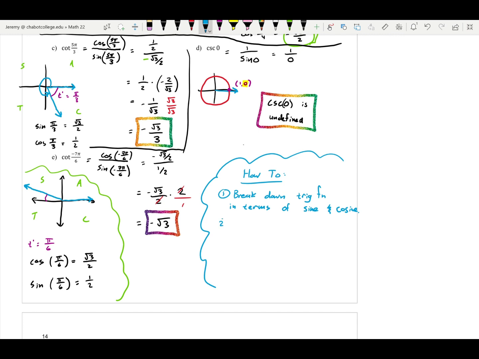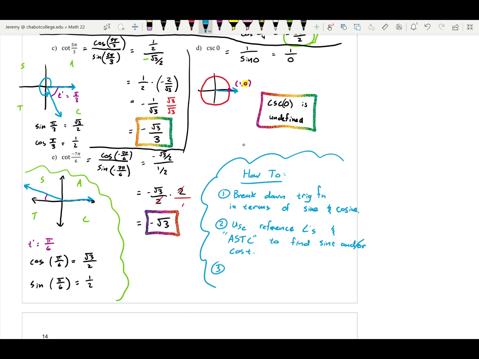And then we already have a procedure for evaluating sine and cosine functions at any of these familiar angles all the way around the unit circle. So then we'll just use reference angles, and all students take calculus, to find sine of t and/or cosine of t.